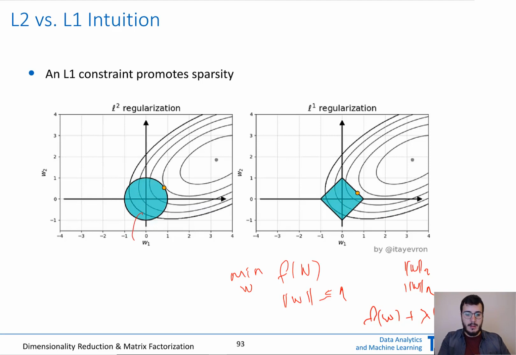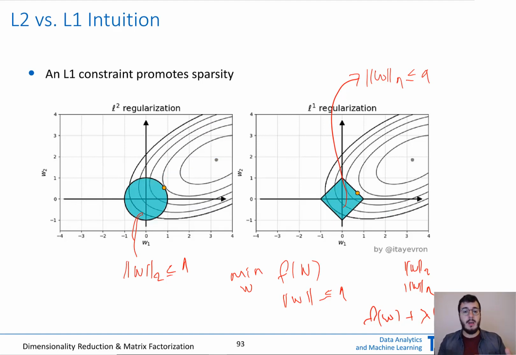This part is where the L2 norm of w is less than 1, and this part is where the L1 norm of w is less than 1. These contours show us the objective function, and because we're trying to minimize, we're trying to get as close to this point as possible.